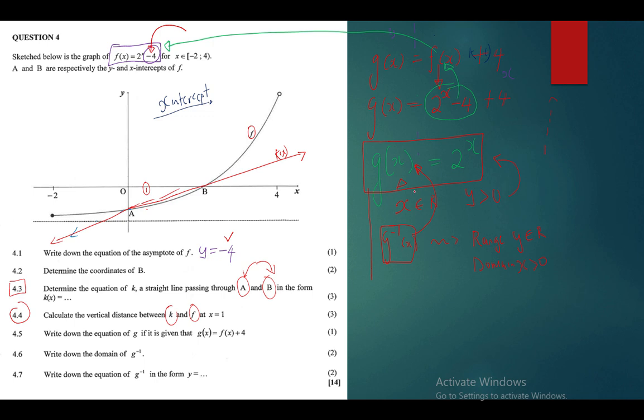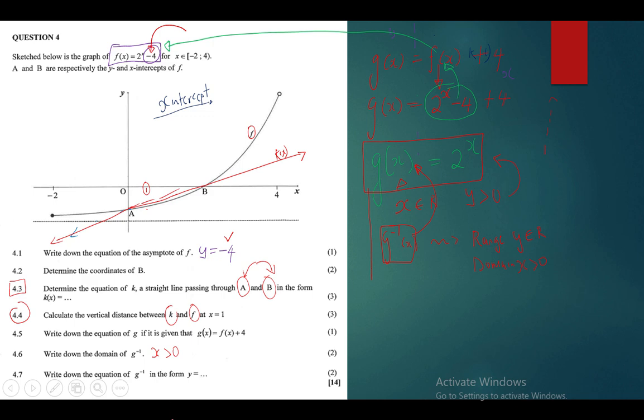What was the domain of the function g will become the range of the inverse of g. What was the range of the function g will become the domain of the inverse of g. It's like they are swapping roles. So the domain here was going to be x is greater than 0.